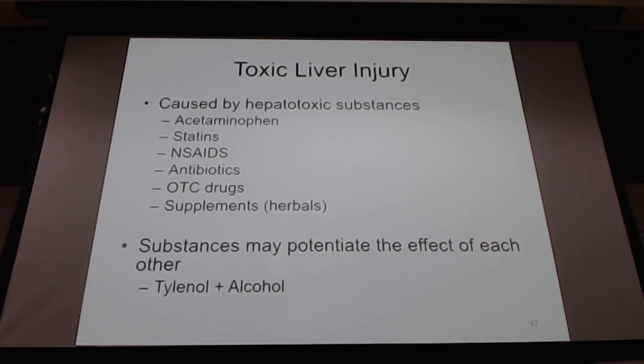Look at our statins, our NSAIDs, antibiotics, some over-the-counter medications, supplements. We do get concerned if somebody is drinking a lot, but they're also taking a lot of Tylenol because they're in pain. The combination of those two things is going to be filtered through the liver, so we don't want to overwork the liver. Tylenol and alcohol is just a bad combination.